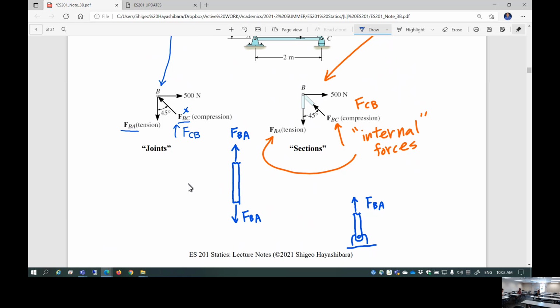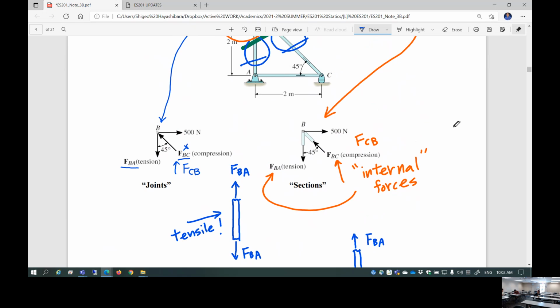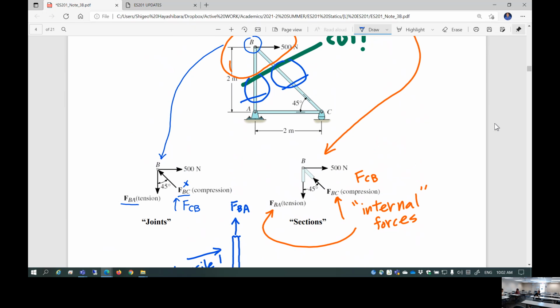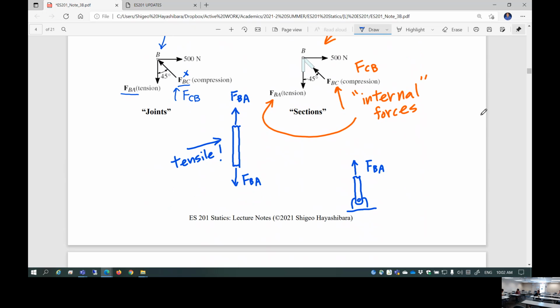So as you take a look at this, it is tensile, isn't it? Because the portion of the member is trying to be stretched. It's tensile. So when you get confused, you just picture yourself introducing two cuts. You just pick up this component, but you can, of course, pick up this portion of the member AB.